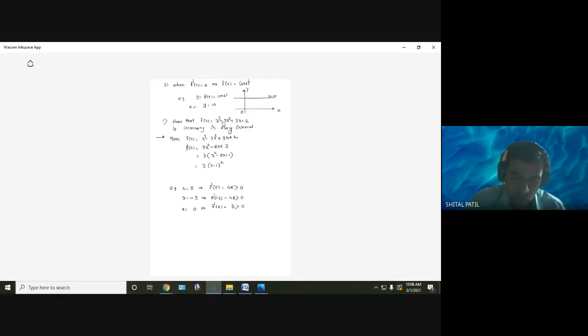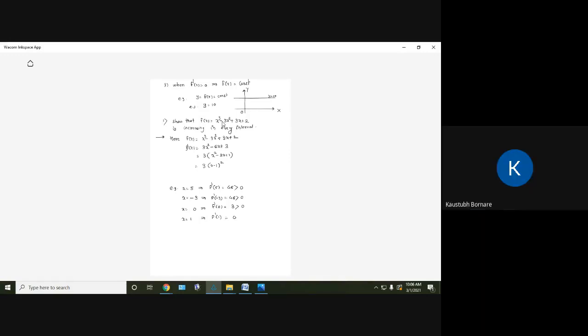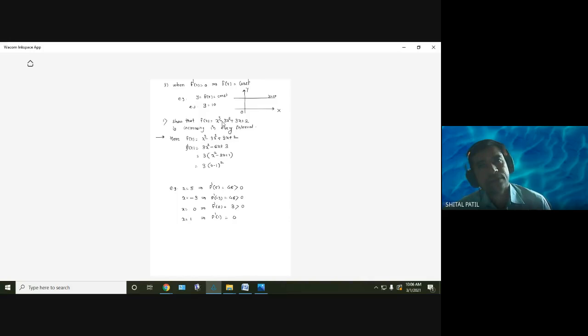So for all values of x, it is greater than 0 except at x equal to 1. What happens at x equal to 1? f dash of 1 equal to 0. Everywhere else it is positive. So at one point only it becomes 0. Again, 0 we can consider as a positive number only.